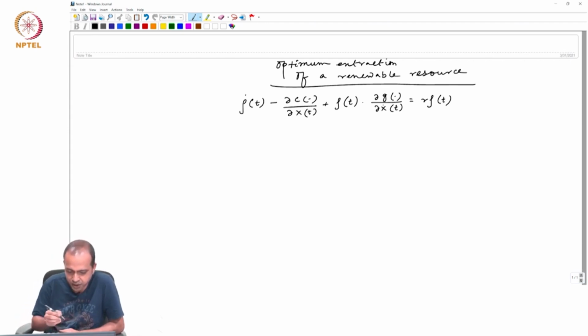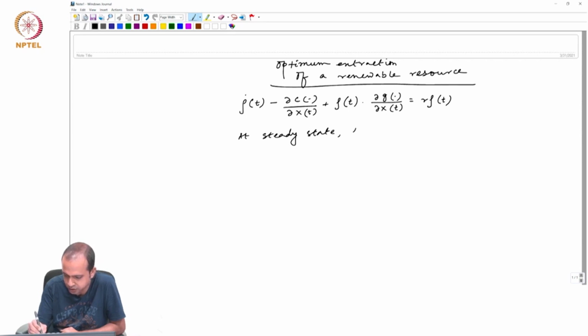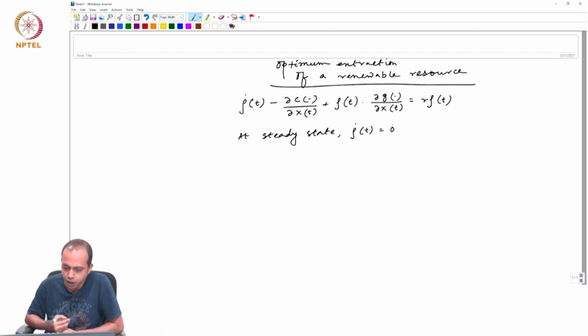And we said that at steady state, rho dot t equals to 0.